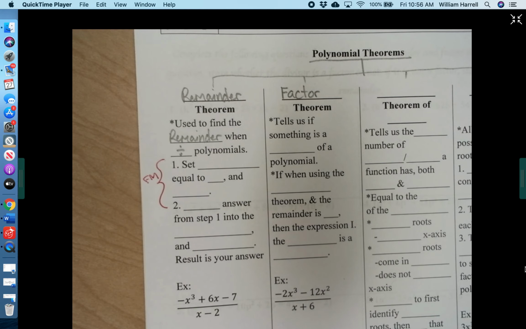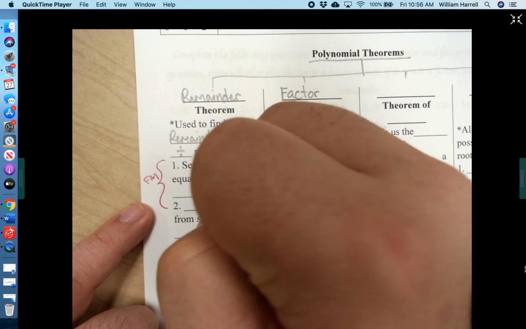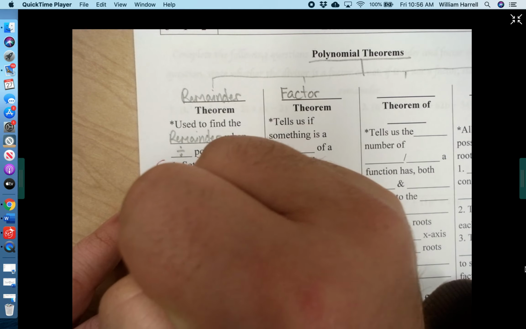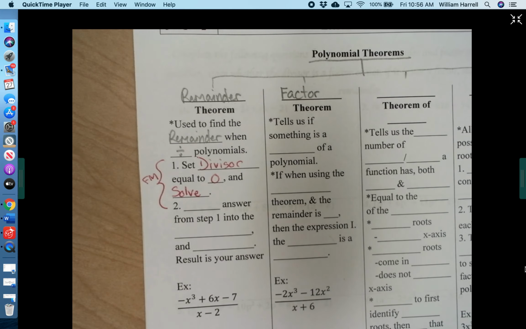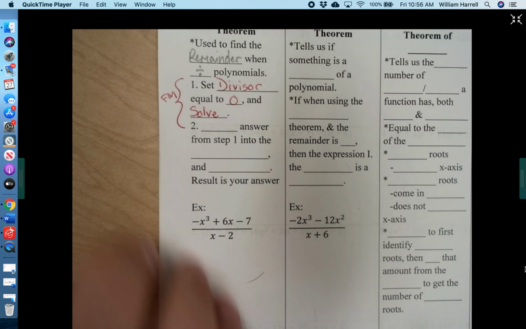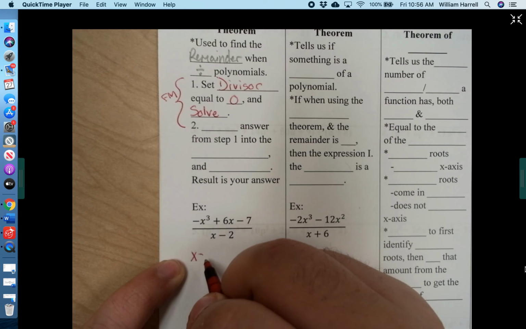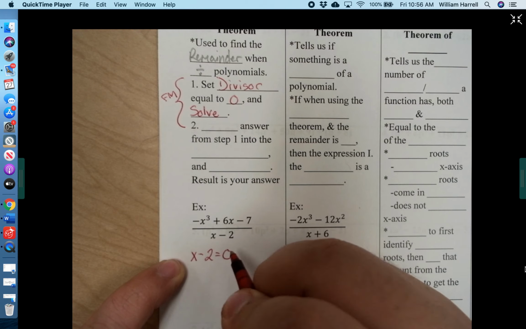Okay, so how we get started, you want to set your divisor equal to 0 and solve. Alright, so in this example, my divisor is x minus 2, so I'm going to set it equal to 0 and solve.